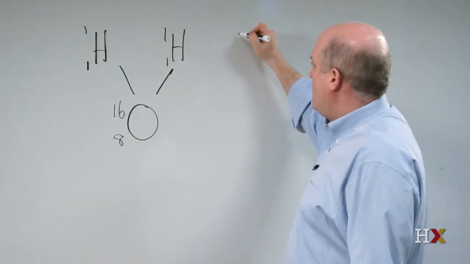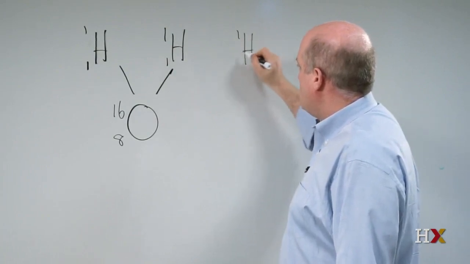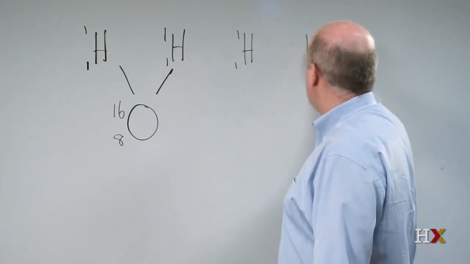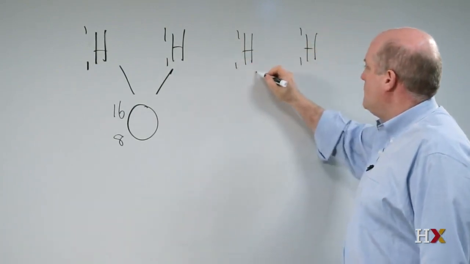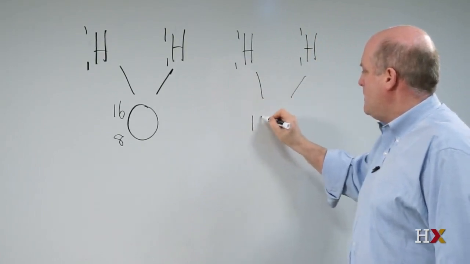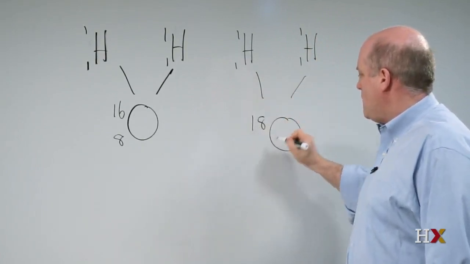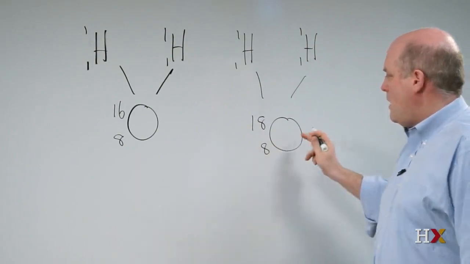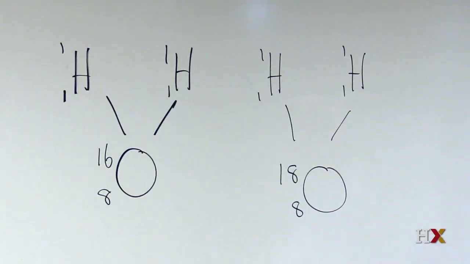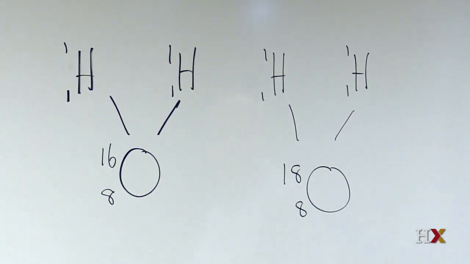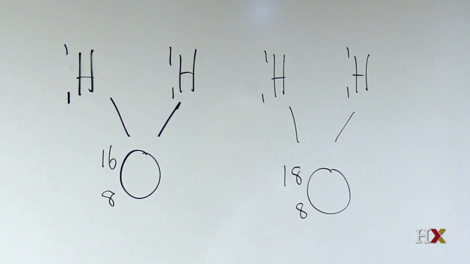If we draw another one that looks almost identical, also with 2 hydrogens, but instead with an oxygen 18 atom on it, as I said, these 2 molecules behave very, very similarly.